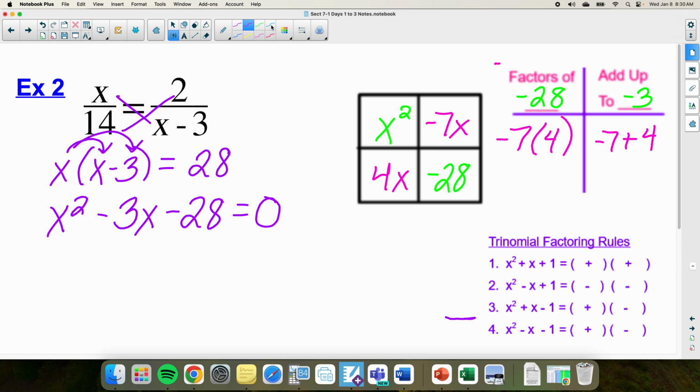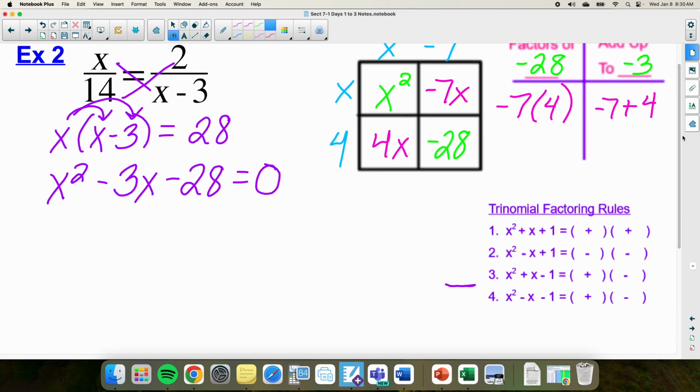And then, do you guys remember what I put here and here? X and x. So then I think, what times x is negative 7x? That's negative 7. X times what is 4x? That's 4. And negative 7 times 4 is negative 28. Okay? Now if I come down here, one of these is x minus 7.